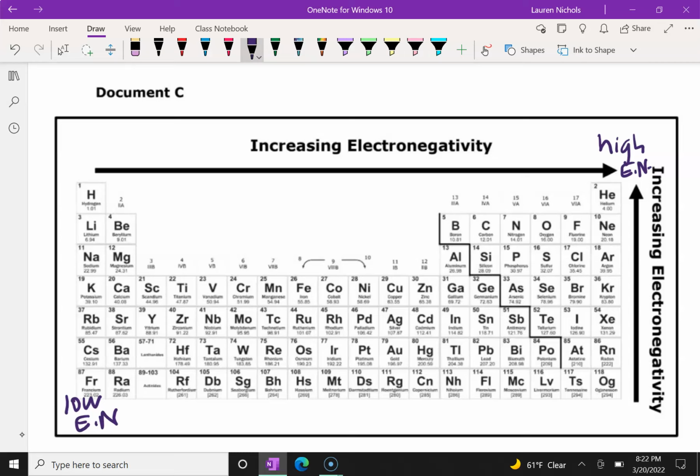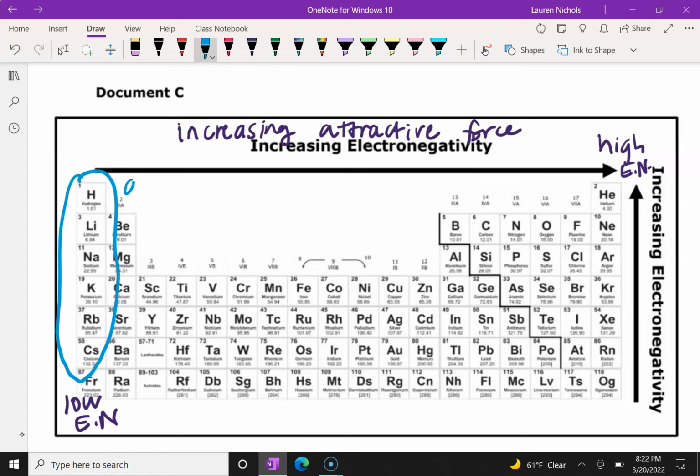And we know that increasing electronegativity means that we have an increasing attractive force between our protons and our electrons. So we can see this pattern here. So if we know that column 1, which is our alkali metals, is farthest to the left, then out of all of the families, they're going to have the lowest electronegativity.